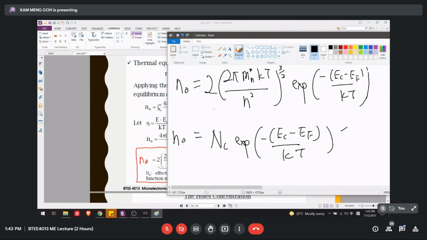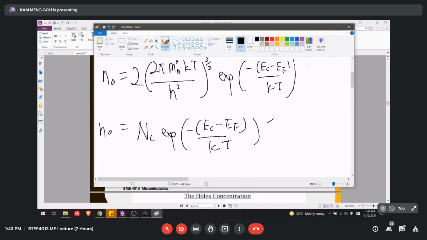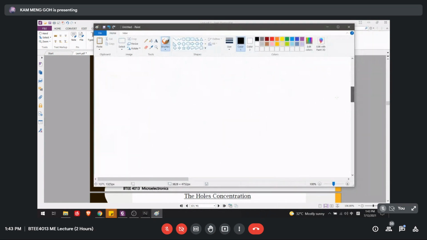But how are we going to calculate this? At first, we need to know how to calculate NC. For example, if you are given silicon at 300K temperature, then in the conduction band, m asterisk over m0 equals 1.08.